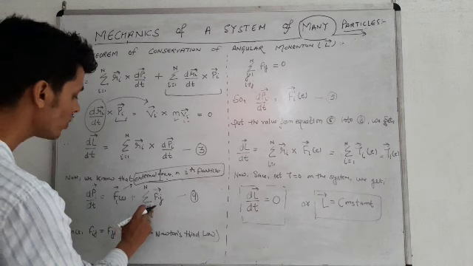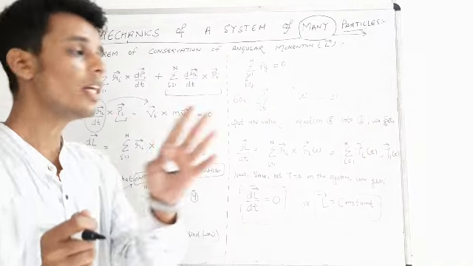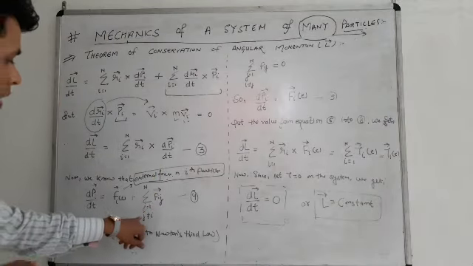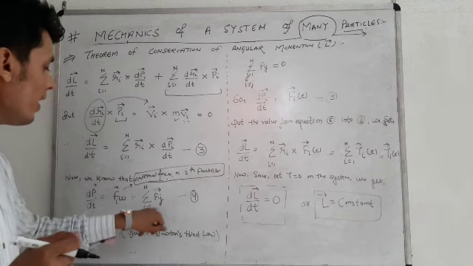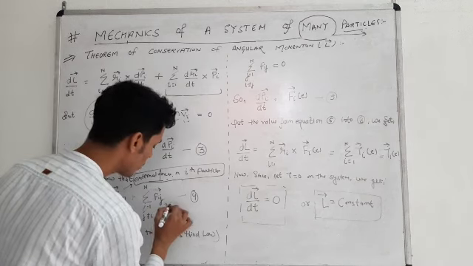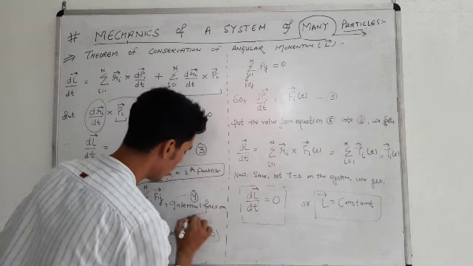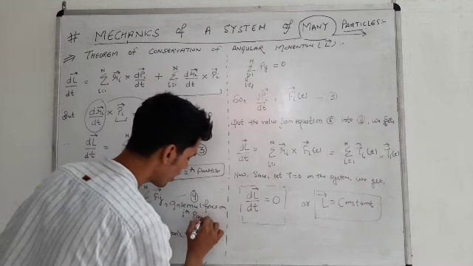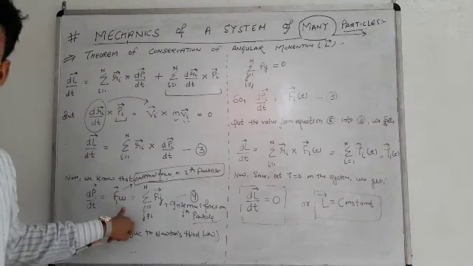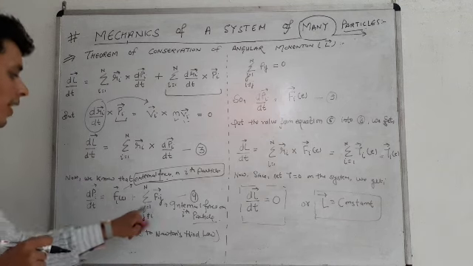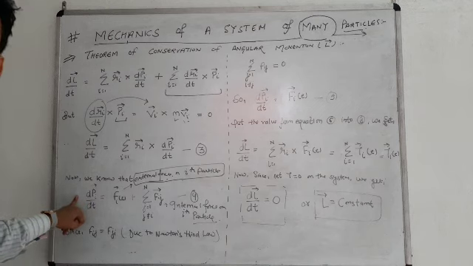So summation j is equal to 1 to n, and i cannot be equal to j. I and j cannot be the same. So it is the summation over j equal to 1 to n, j not equal to i, of Fij. This is the internal force on the ith particle, and this is the external force on the ith particle, and the sum of the internal and external force can also be written as the rate of change of linear momentum of that ith particle.